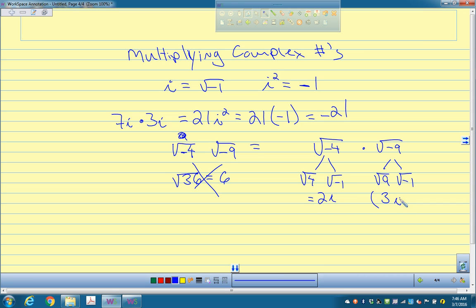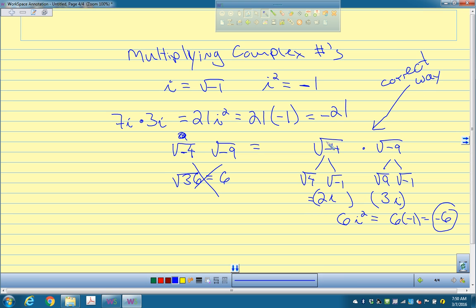Now I'm going to multiply these two things together. I get 2 times 3, which is 6, and i times i, which is i squared. But what's i squared? -1, so you get 6 times -1, which is -6, not +6. So this one is the correct way, okay?